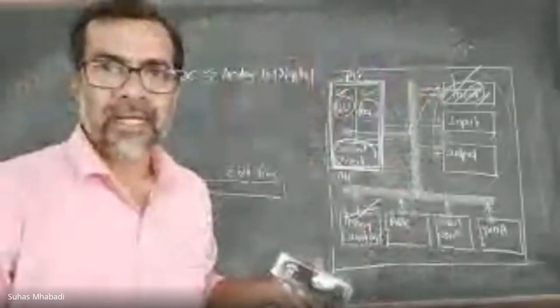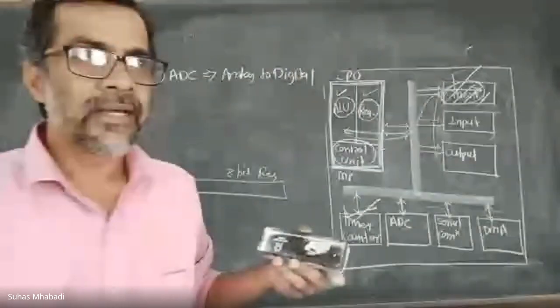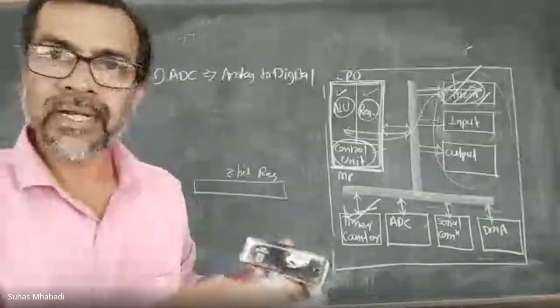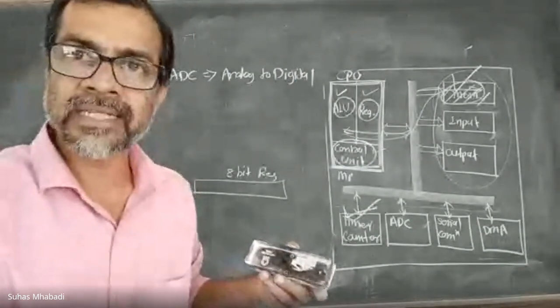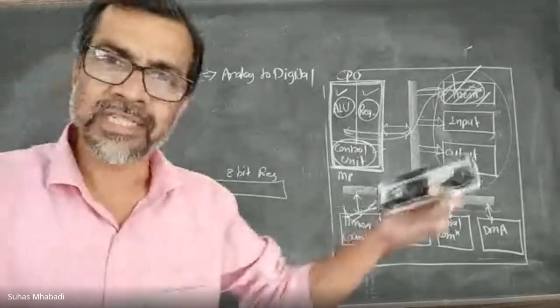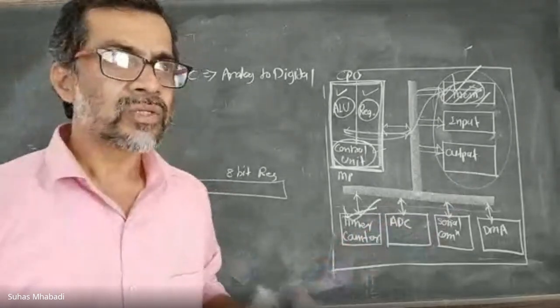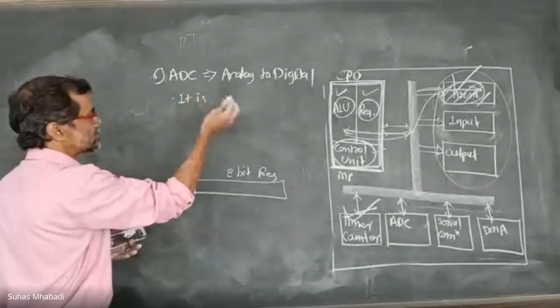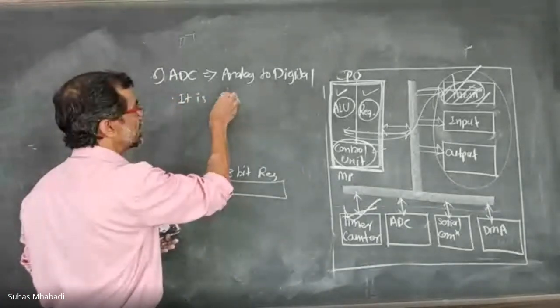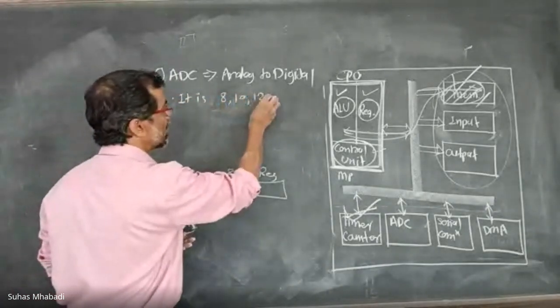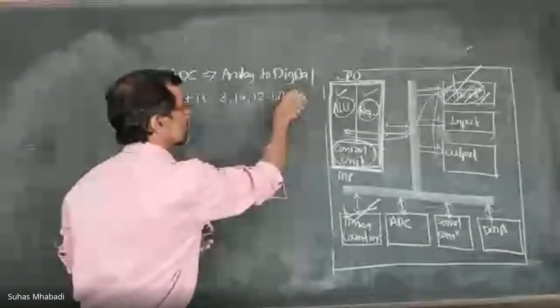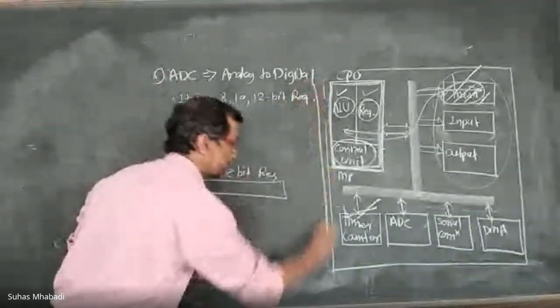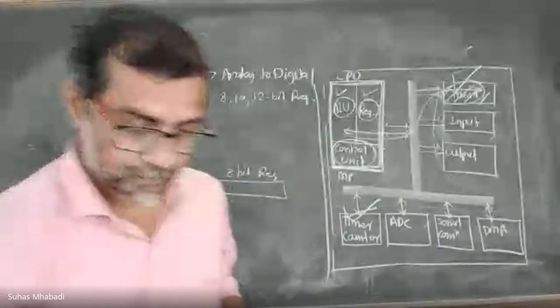It varies. It may be 6-bit, 8-bit, 10-bit, 12-bit, or 16-bit, but not more than 16-bit. That is sufficient for us. So normally this is 8-bit, 10-bit, 12-bit register.